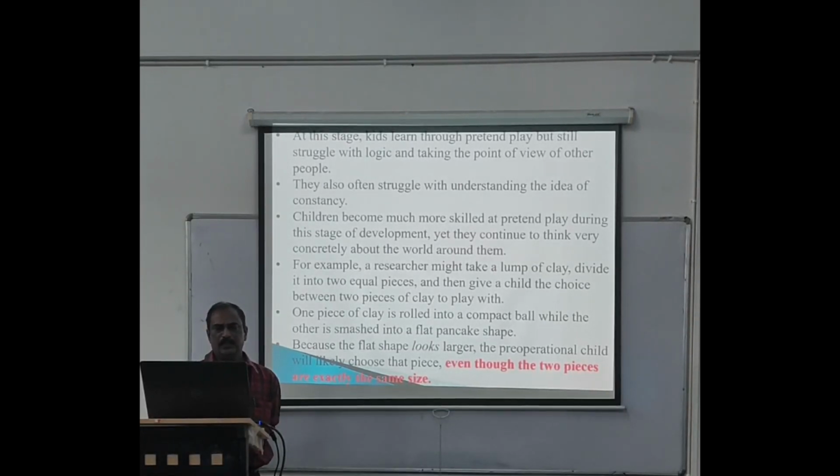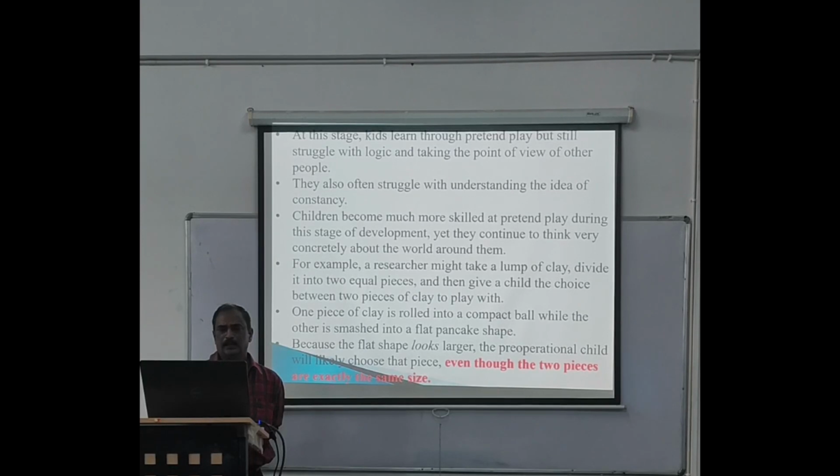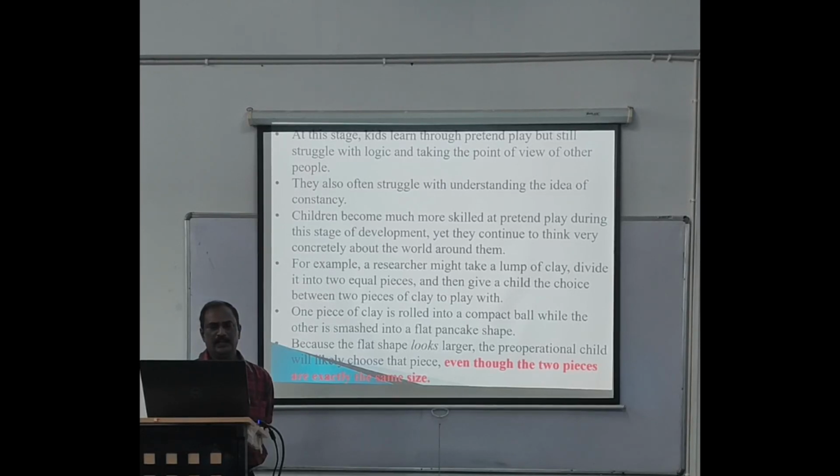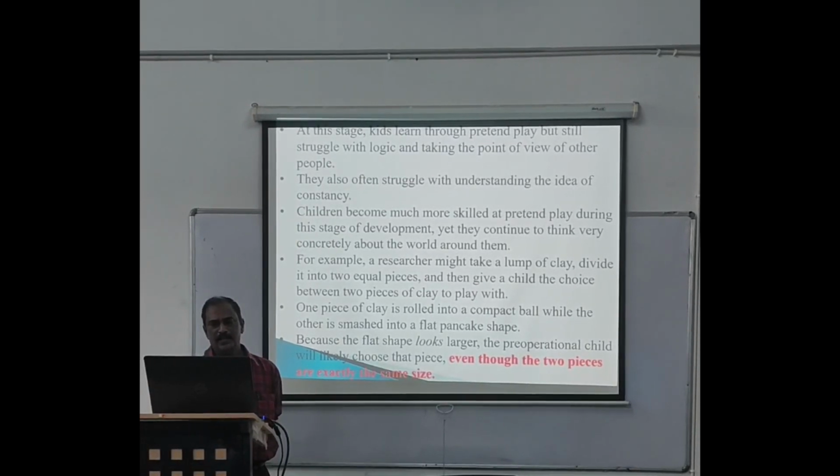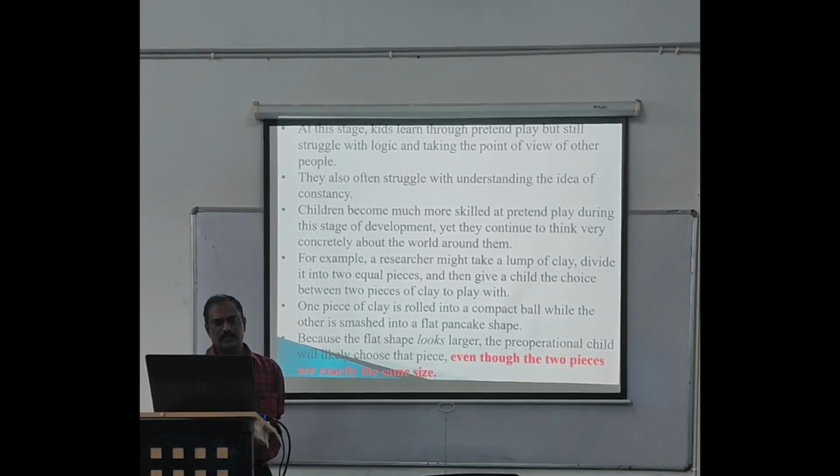Children become much more skilled at pretend play during this stage of development, yet they continue to think very concretely about the world around them. For example, a researcher might take a lump of clay, divide it into two equal pieces, and then give a child the choice between two pieces of clay to play with.